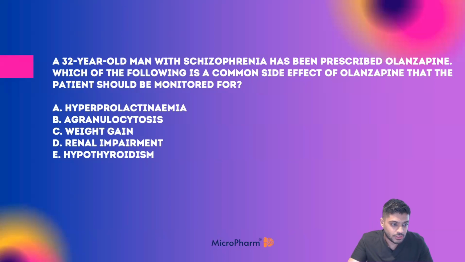The other options are not adverse effects that are particularly monitored for olanzapine. Is there any other agent that you would monitor for agranulocytosis? Yes, clozapine is where you would monitor for agranulocytosis.